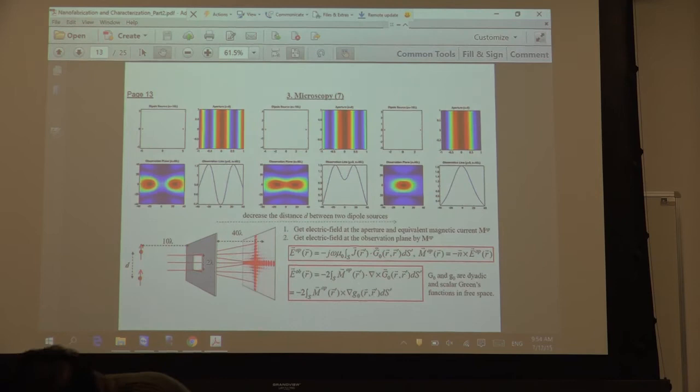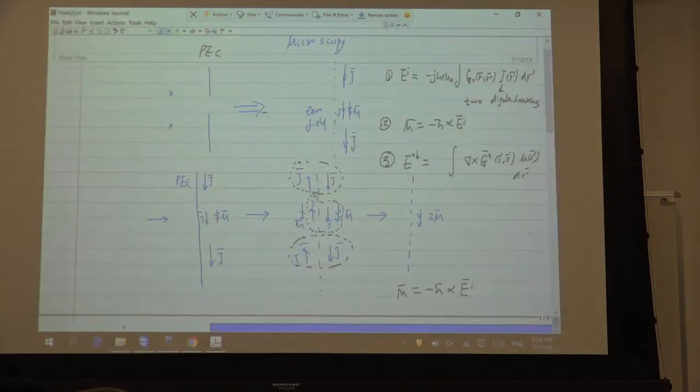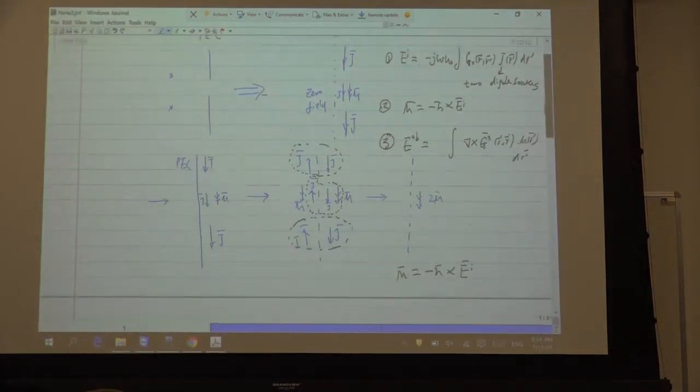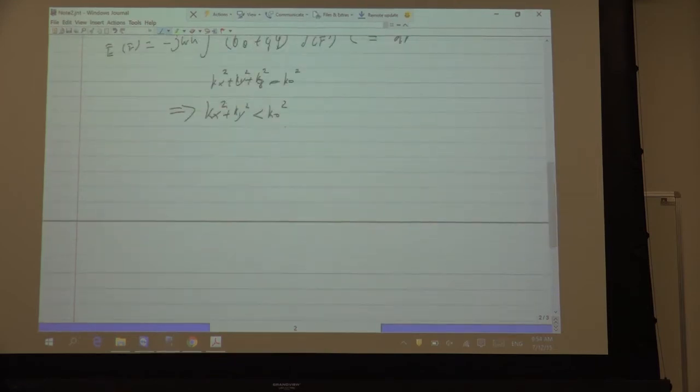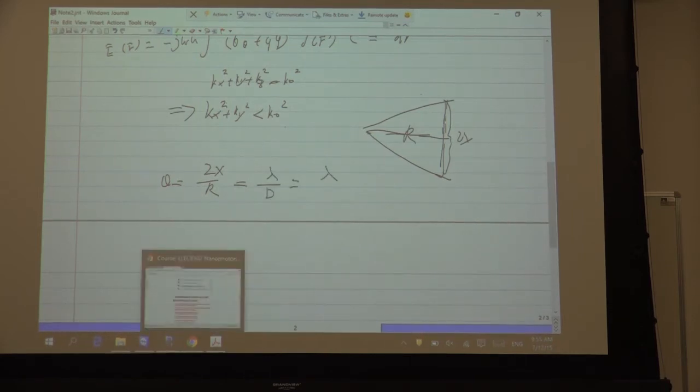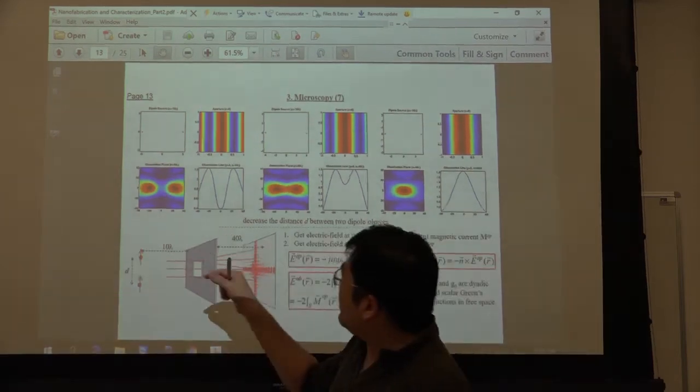According to the equation, this is 2x, r times theta equal to lambda over d, right? So d here is the size of this aperture.